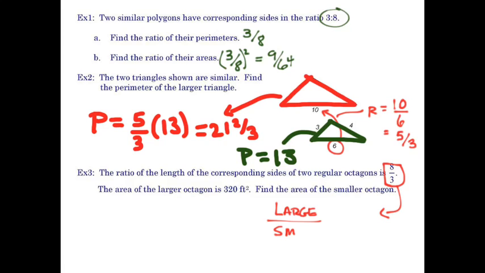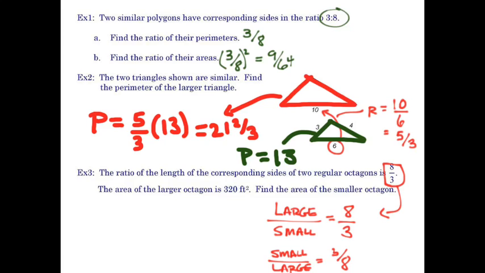All right. The next one corresponds to a regular octagon. Again, I've been given the ratio is 8 over 3. The area of the larger octagon is 320 feet squared. Find the area of the smaller one. Now, this is where I have to be a little careful, because the area doesn't just go up by 8/3.